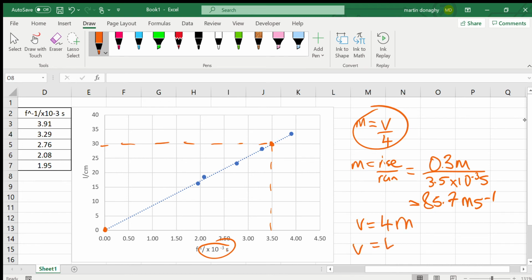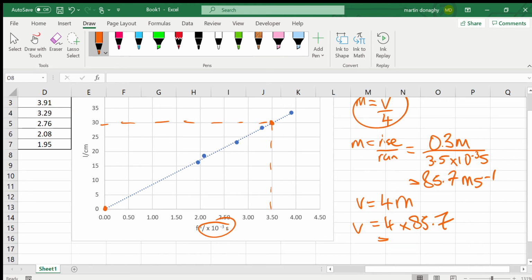So our velocity will be 4 times 85.7, which will give us quite a good value. 343 meters per second.